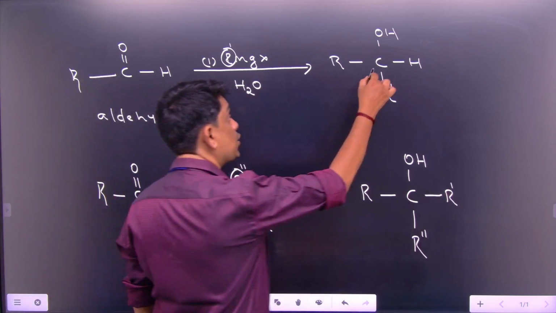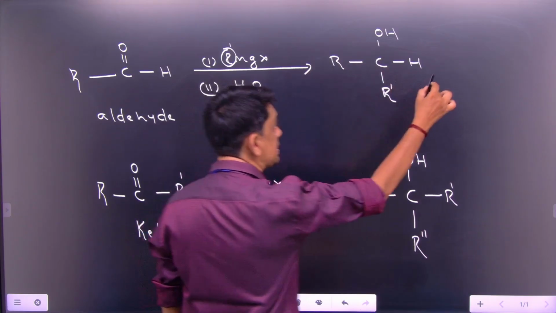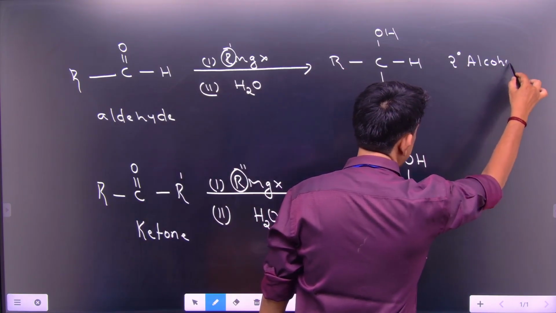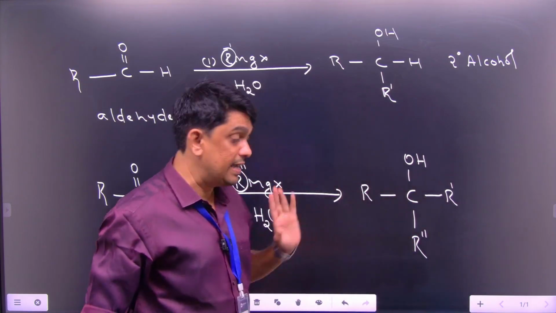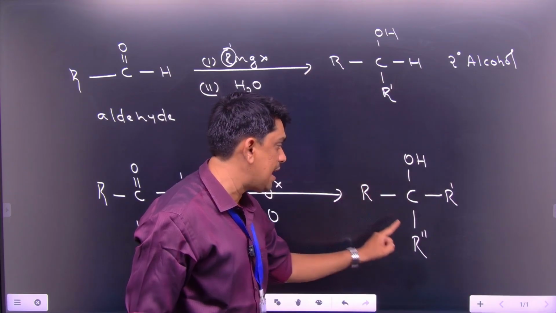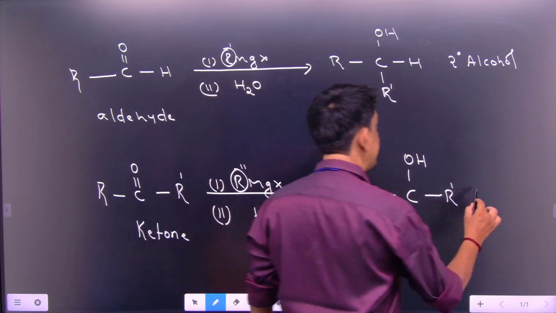Now you look at the nature of the carbon: 2 carbons attached directly, right? So this is a secondary carbon, so we call it a secondary alcohol. In a similar manner here, the carbon is attached to 3 carbons directly, right? So it is a tertiary carbon, and we call it a tertiary alcohol.